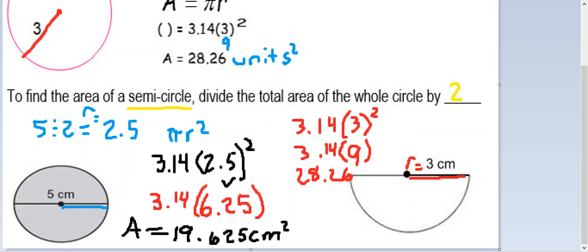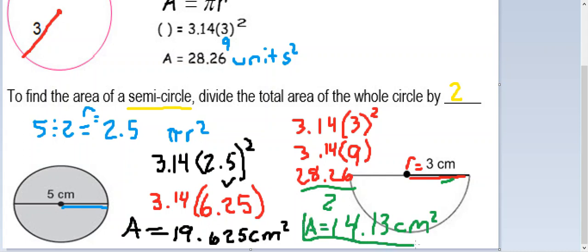So what I have to do is divide this by 2. 28.26 divided by 2 is 14.13, and this says centimeters, so it's going to be centimeters squared. Area is always squared. So the area of this half circle or semicircle is 14.13 centimeters squared.